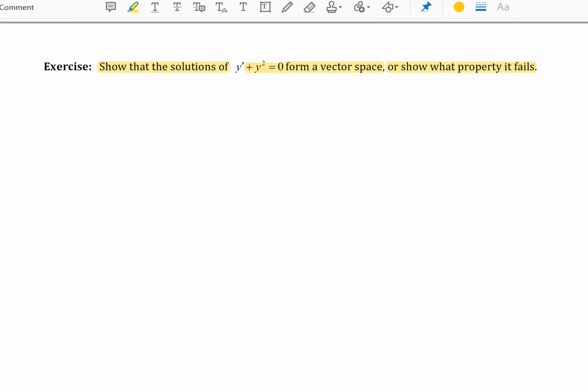Is 0 a solution? So maybe just note here, is y equals 0 a solution?